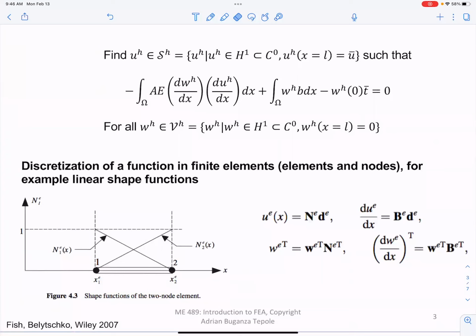This is the matrix notation, but I'll rewrite it.